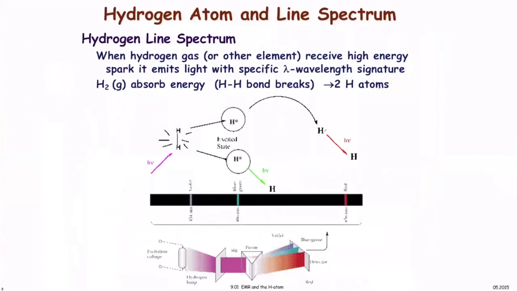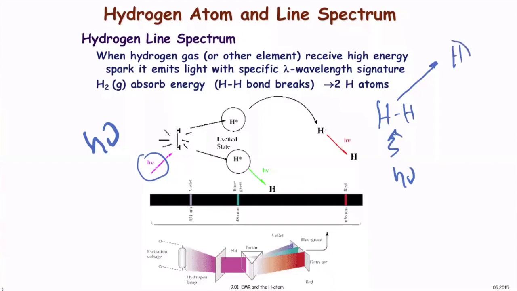So this is how it was discovered with the hydrogen atom. What they did was they took hydrogen and they irradiated it. You see how I have h nu here? That took the hydrogen molecule, broke the bond, but also caused the hydrogen to go to an excited state. So basically we put in energy, h nu, and we take the electron on the hydrogen atom and promote it to a higher energy orbital.